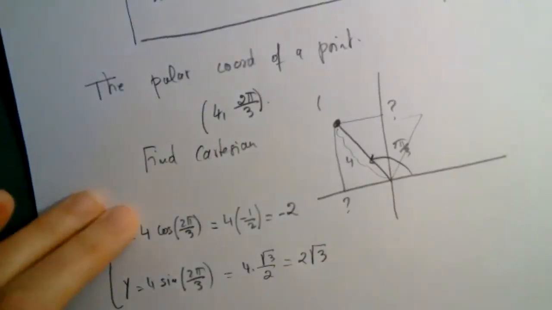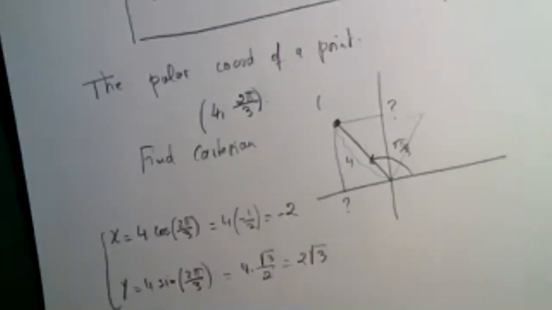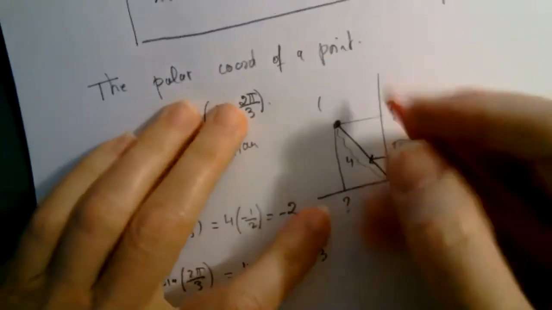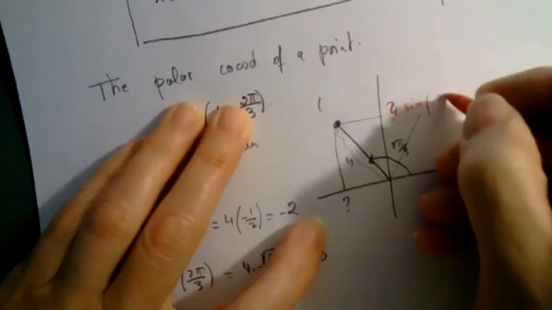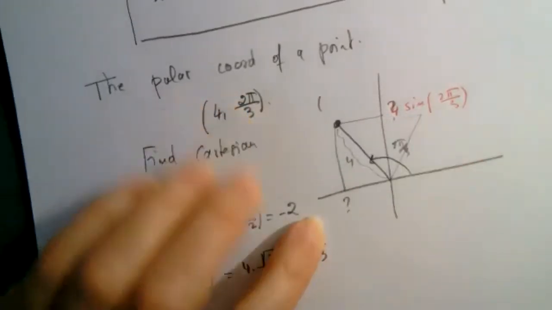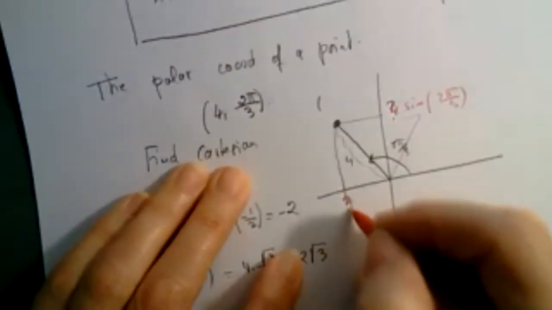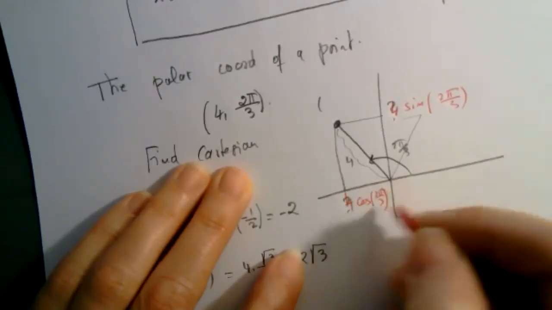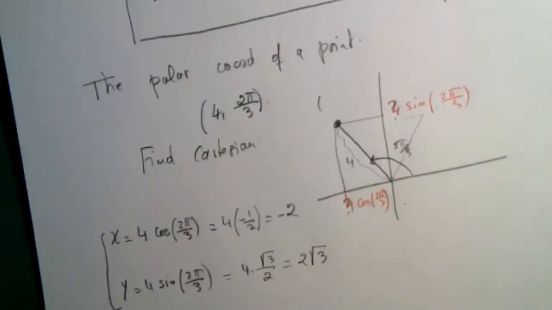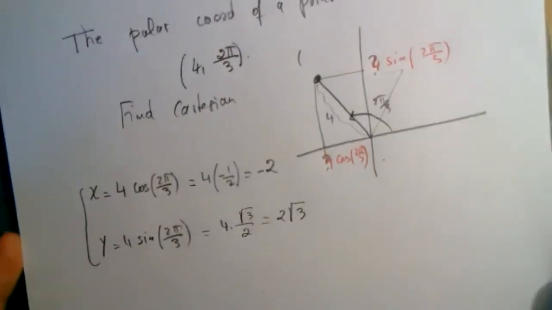I keep rewriting it because I really want this to be stuck in your mind: this point here is 4 sine, and this is 4 cosine of 2 pi over 3.